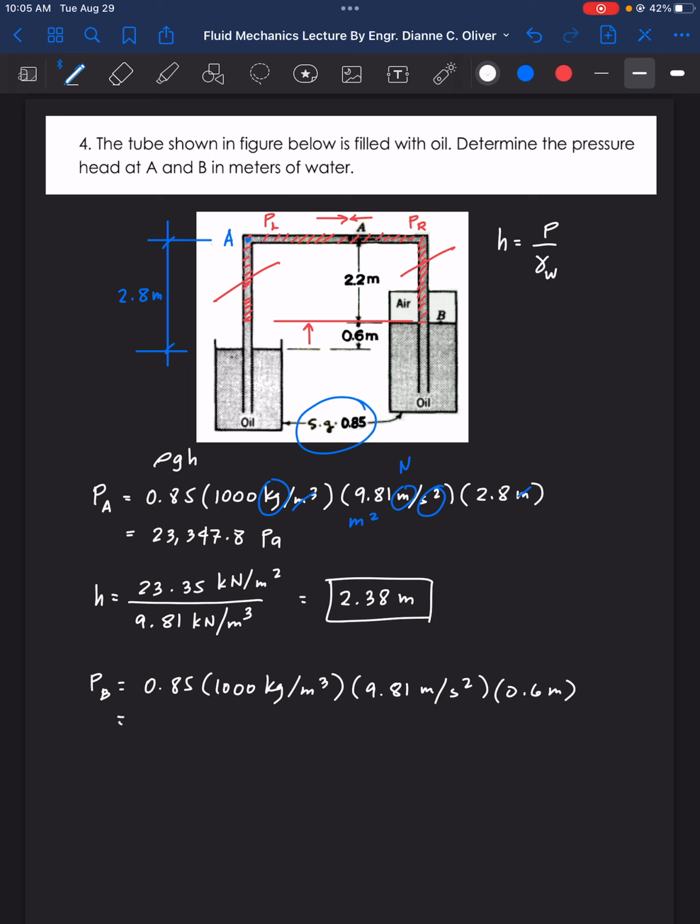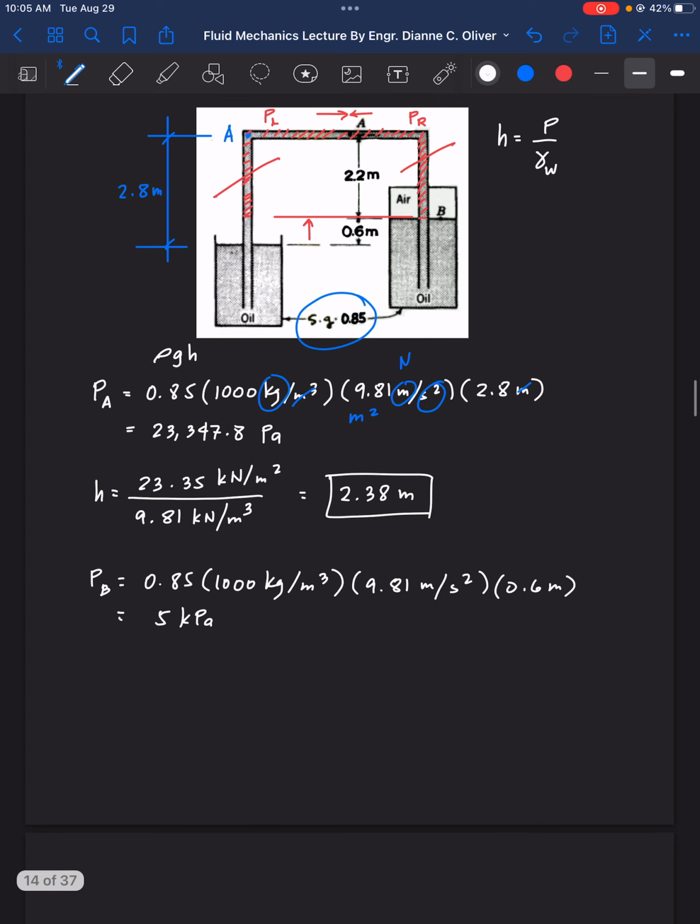So the pressure at B is equal to 5 kilopascal. So H now is equal to 5 kilonewton per meter squared divided by 9.81 kilonewton per cubic meter, and that is equal to 0.51 meter.